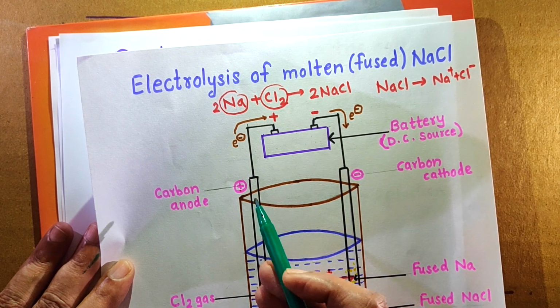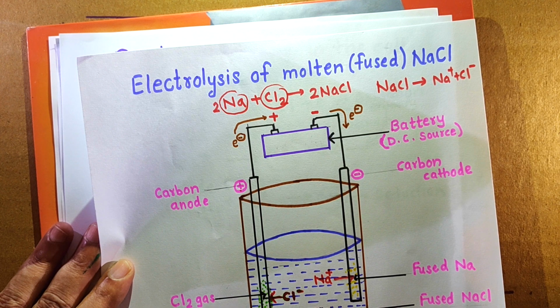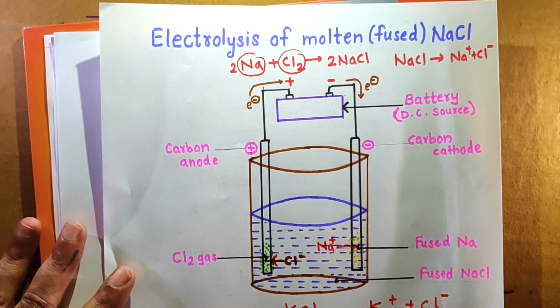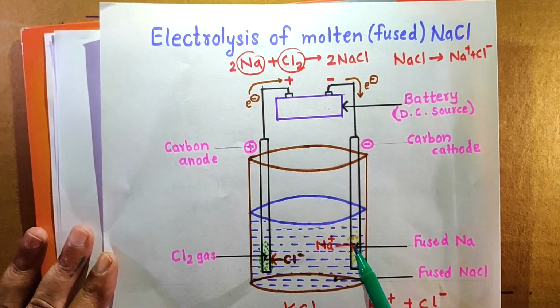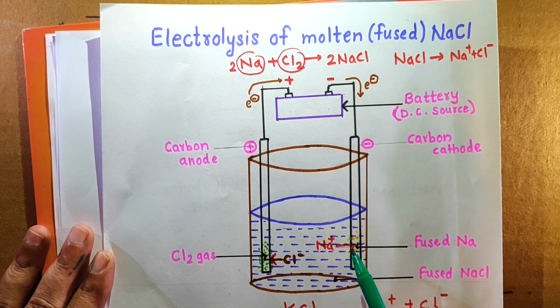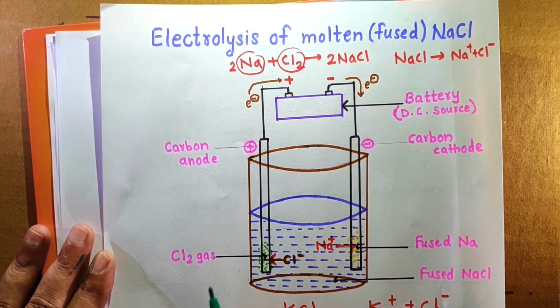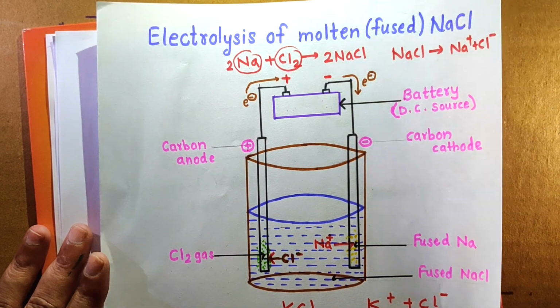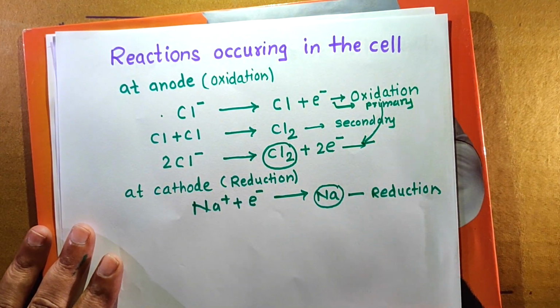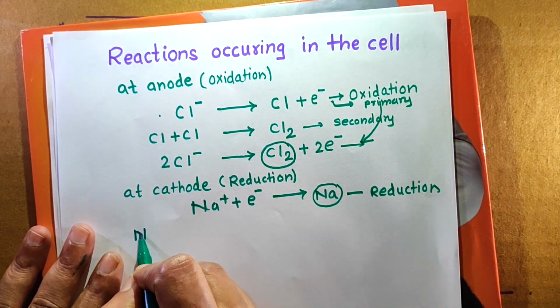The reaction which takes place at the anode is oxidation, called the oxidation half reaction. The reaction which takes place at the cathode is called the reduction half reaction, and the summation of these two reactions is called the redox reaction, also called the net cell reaction.